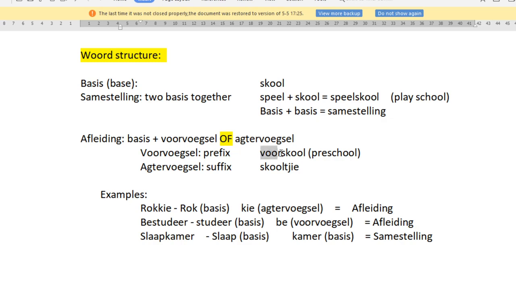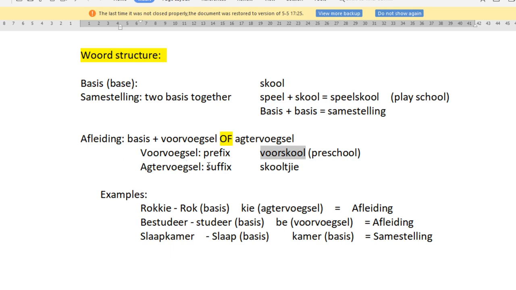Here I was just a little silly and I used voor here as well, die voorvoegsel voor. And voorskool means preschool. So we added a voorvoegsel, a prefix, so it's an afleiding.